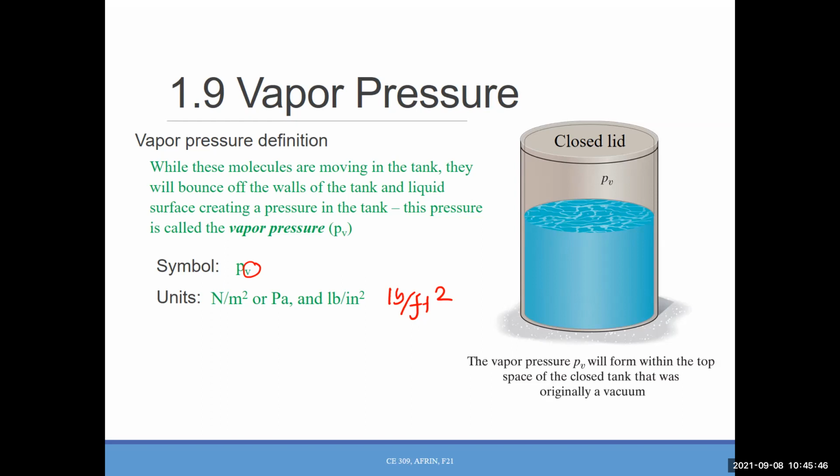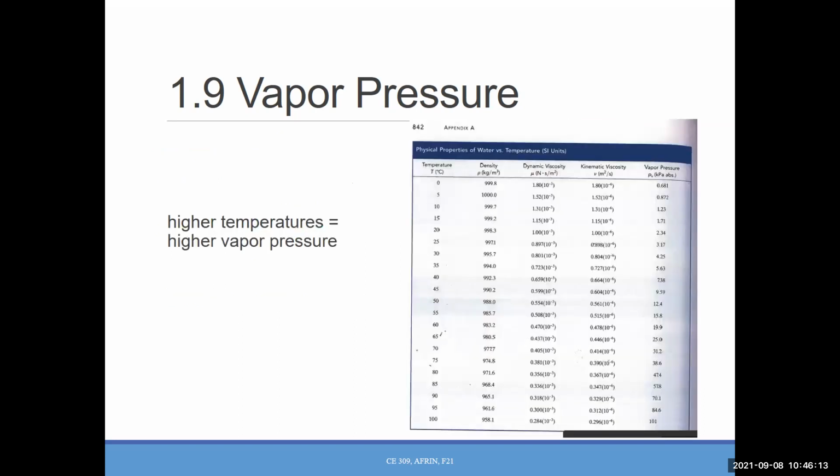The second page, page 842 and 843 for appendix 1. Did you get that? Page 842 and 843. Okay.